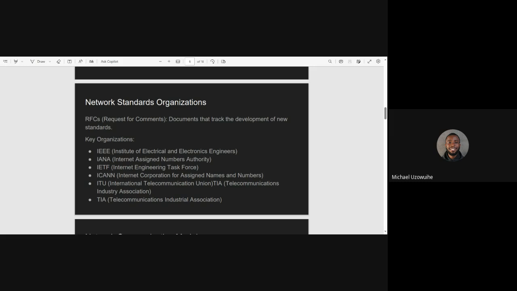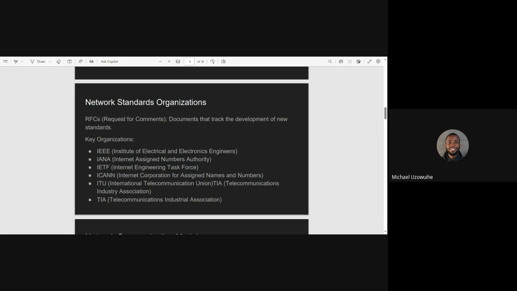These organizations do a whole lot of work. Even when we come to manufacturers, some of them give certifications. They validate organizations that are following this standard, and put away organizations whose devices are not following it. Those devices cannot be used when we come to network communication. So you see, they do a whole lot of work to ensure that this is working for us all.